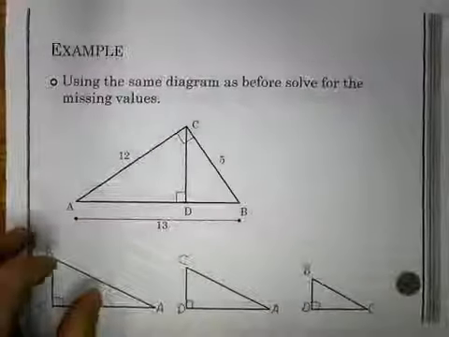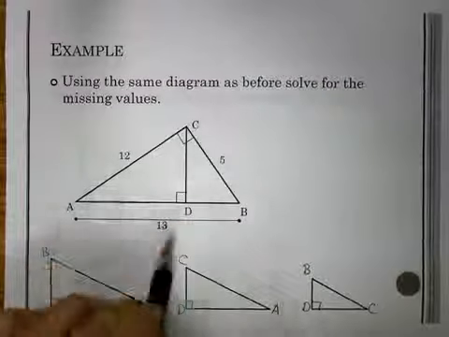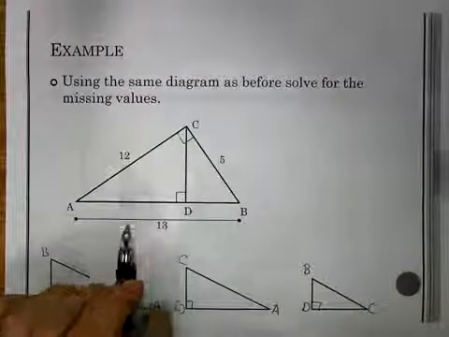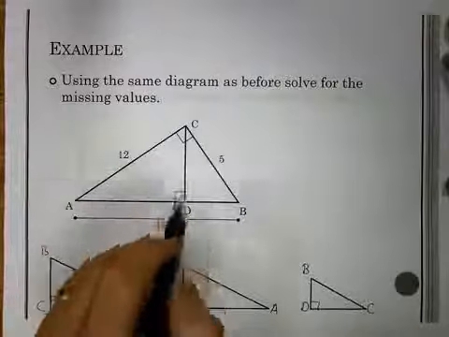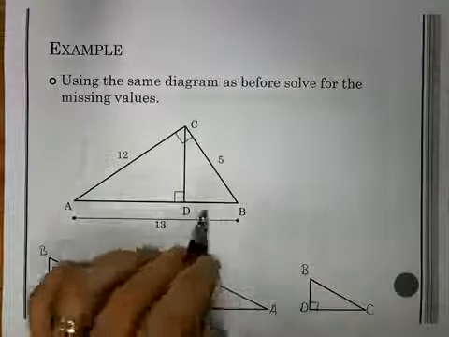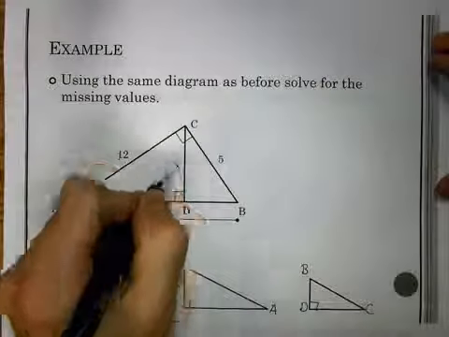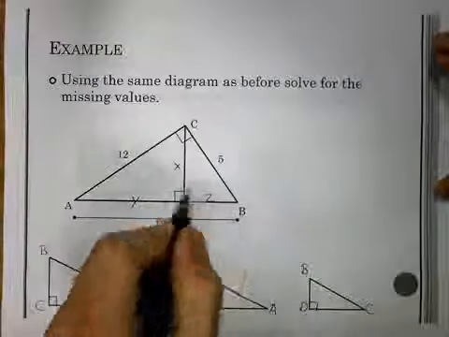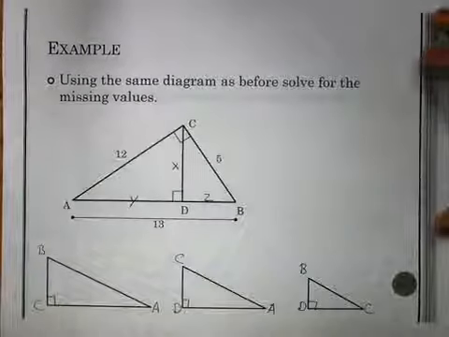Okay, so I have 12, 5, 13. I'm going to solve for the rest of these parts: CD, AD, BD. Just to make them a little nicer, I'm going to call these X, Y, and Z, so I don't have to refer to them as multiple letters as I go through.